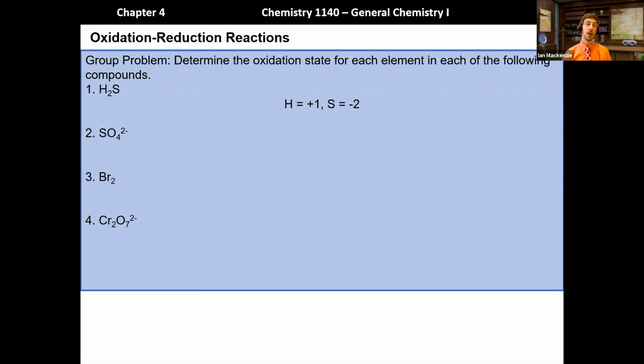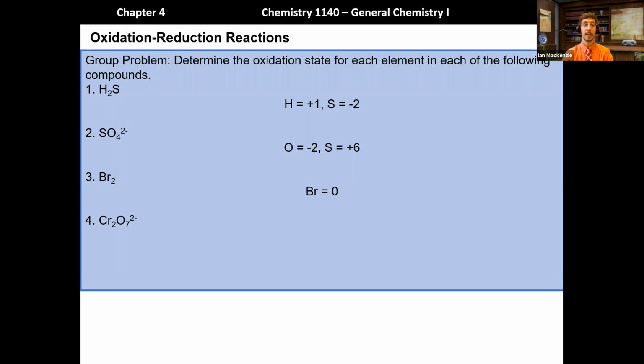But my overall compound is only -2, so sulfur must be +6 in this particular case. And this is the oxidation state for that element. Now bromine, Br2, is the elemental form. So that's rule number 1, that the oxidation state for any atom in its elemental form is 0.